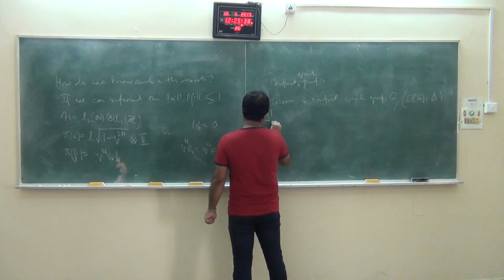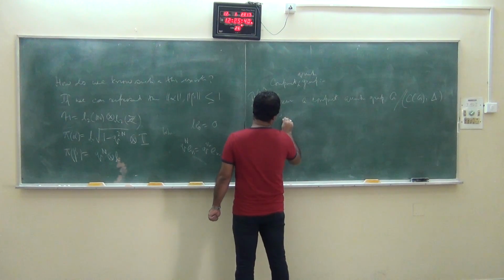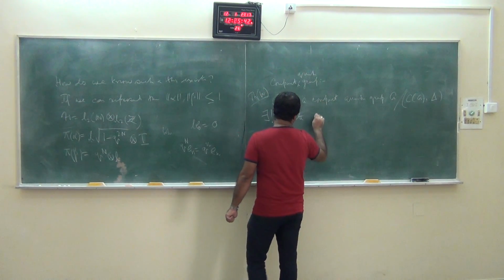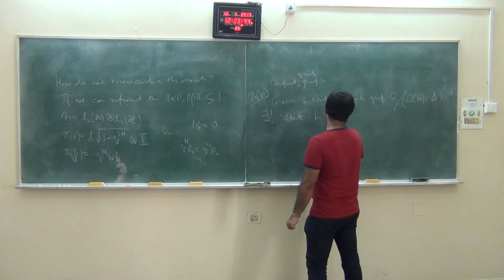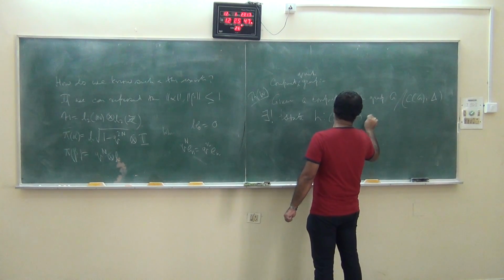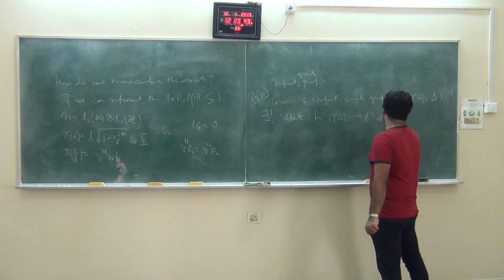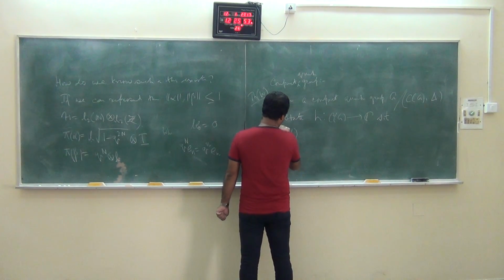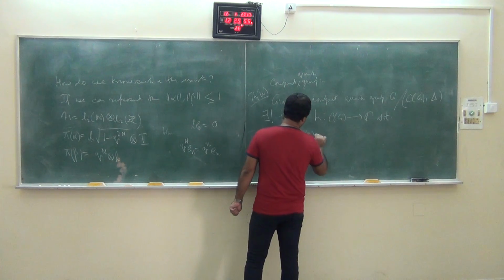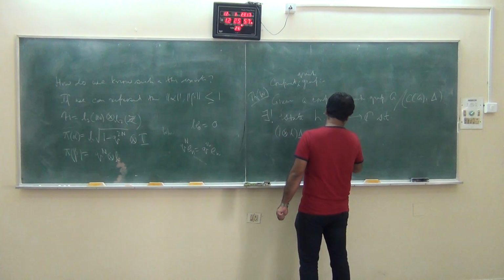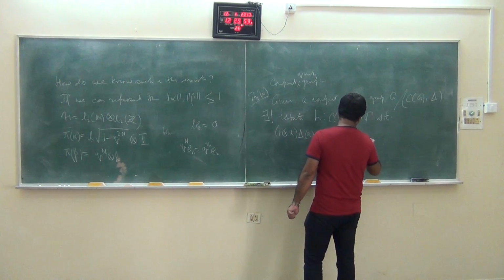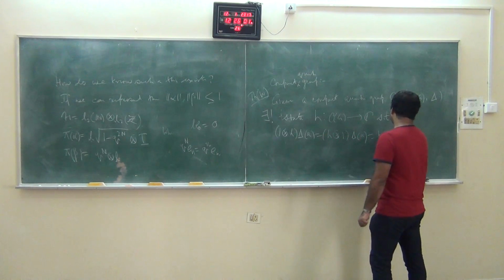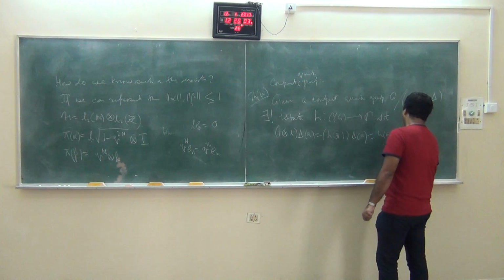There exists a unique state h, so it is a functional from C(G) to C, such that (identity tensor h) delta(a) equals (h tensor identity) delta(a) equals h(a) times 1.